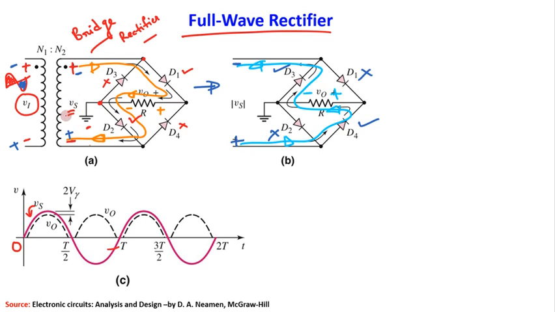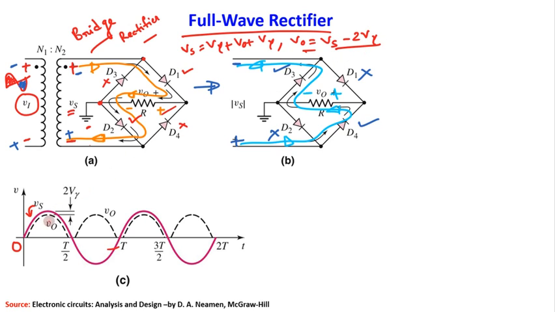So this Vs, basically then we can write here, this Vs is equal to this V gamma plus this V output, right? Then here also there will be one V gamma. So then what is this V output? V output is nothing but Vs minus 2 V gamma, right?